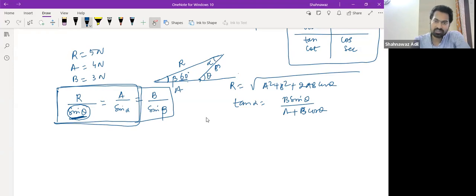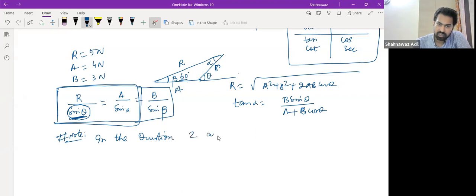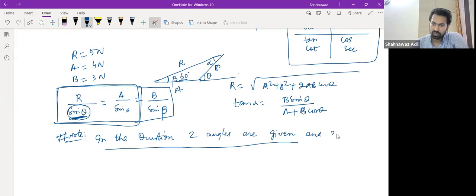So just remember that whenever we have to find one of the vectors, note this: in the question, two angles are given and one or two magnitudes are given, then use this Lami's theorem.